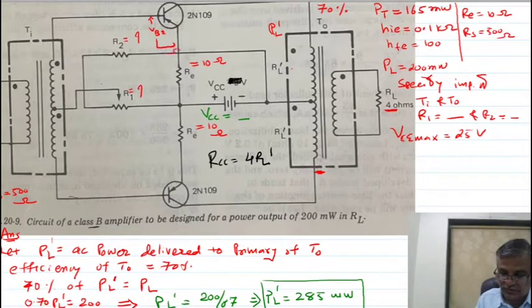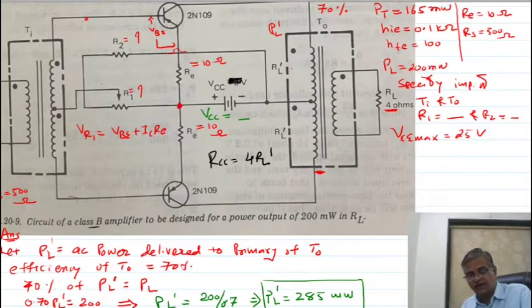The voltage across R1, between this point and this point, VR1, I can write as VB plus ICRE.